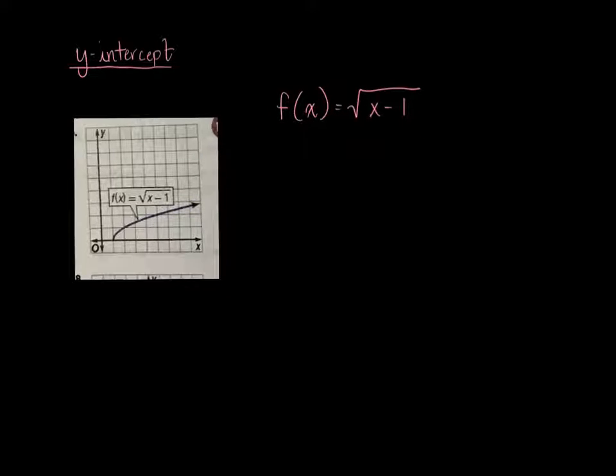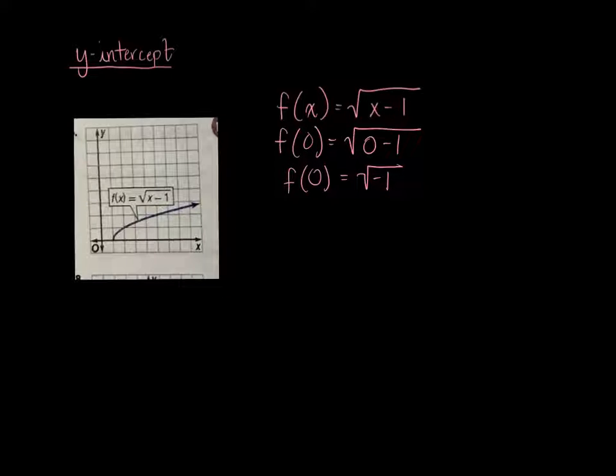To find the y-intercept, you always set the x value to 0, because when it crosses the y-axis, x will always be 0. So you just go like this, f of 0 instead of f of x, and we're going to replace x with 0. Then f of 0 simplifies to being the square root of -1.